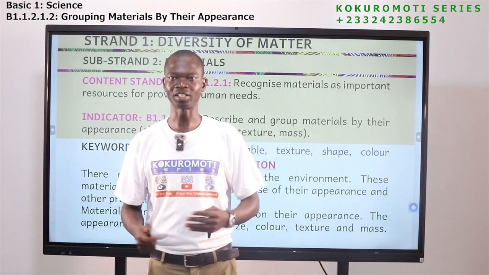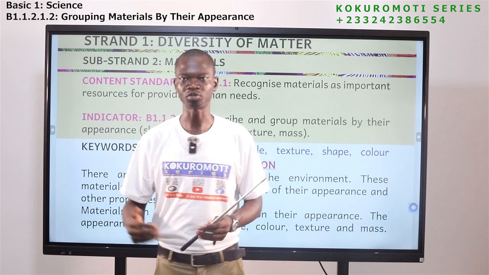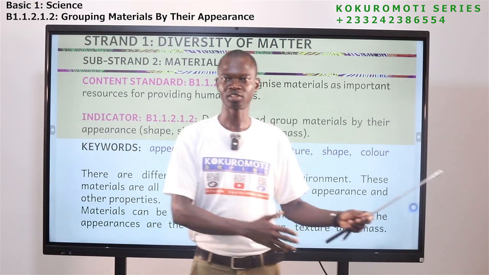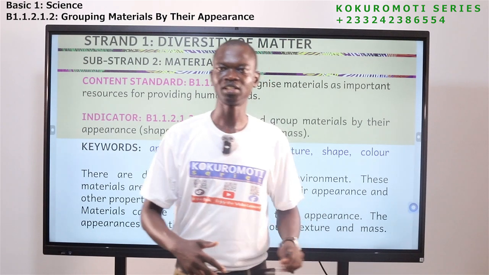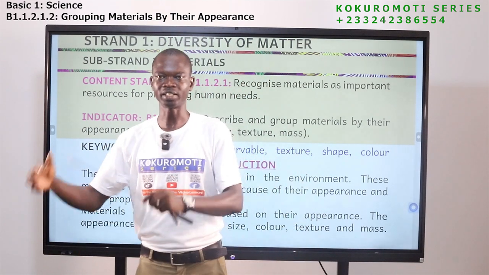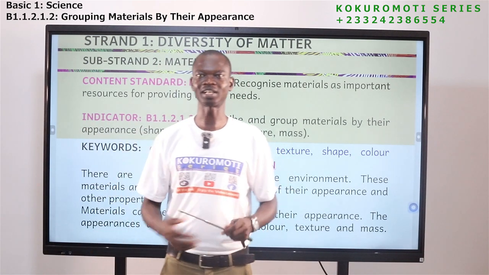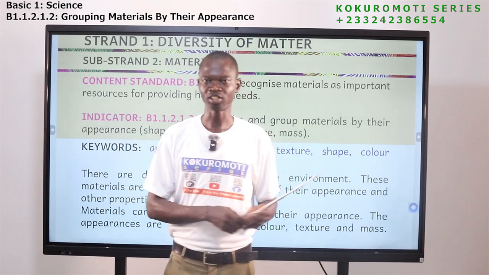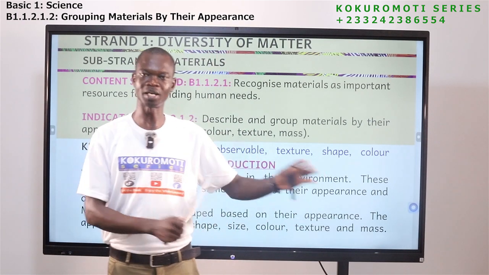I explained in our previous lesson that materials are things that we use to make objects. All the objects that we use in our classrooms, in our houses, wherever we go, we get from materials. So materials are used to make objects. Today we are going to look at these materials, and after that we will group them.